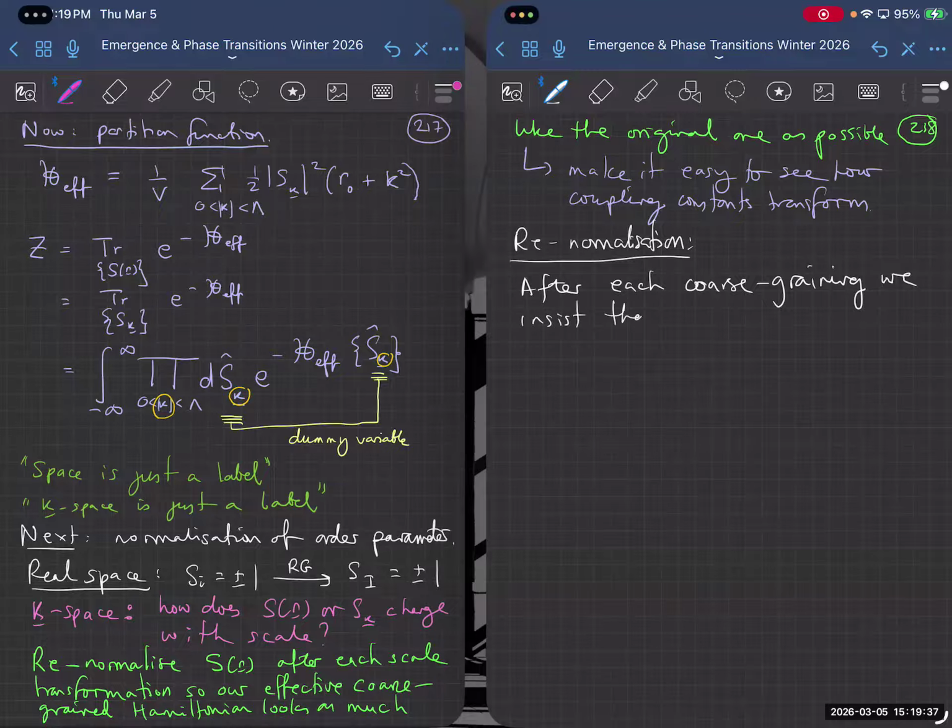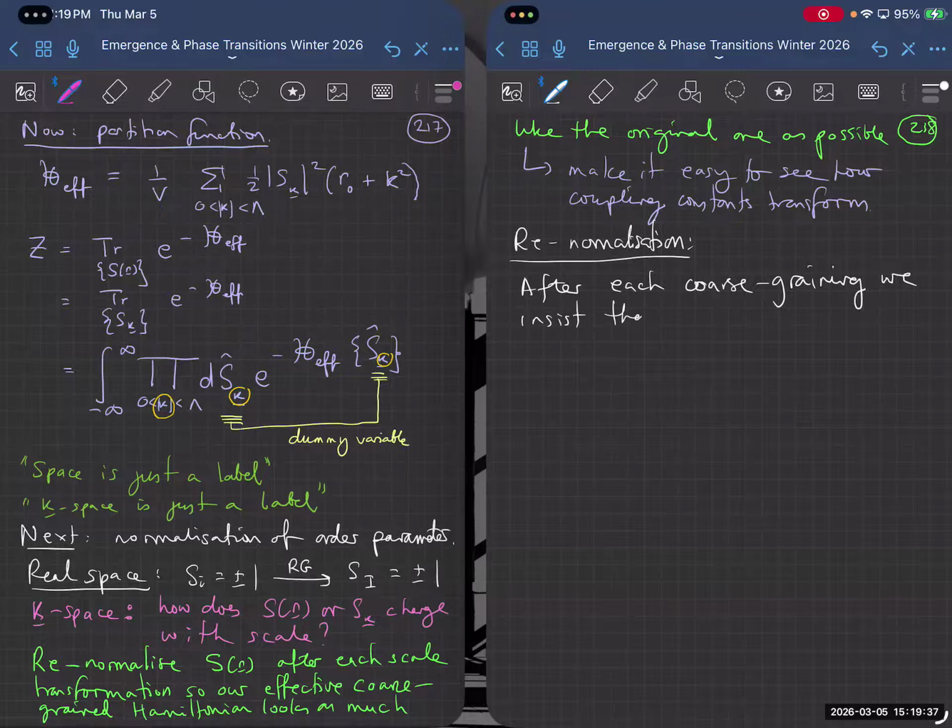We're going to change variables after we've done the coarse graining in such a way that in these transformed variables, the gradient term looks like a half grad S squared. It's not the only way to do it, but that's the way that we do it in practice. When we do that, once we've rescaled everything, then we can read off what R naught has transformed into.